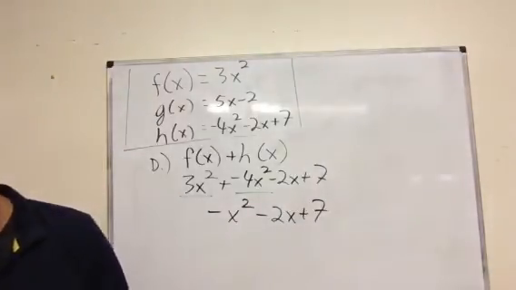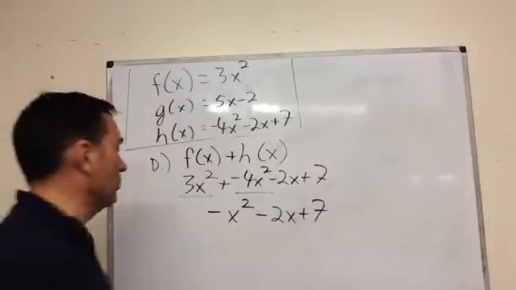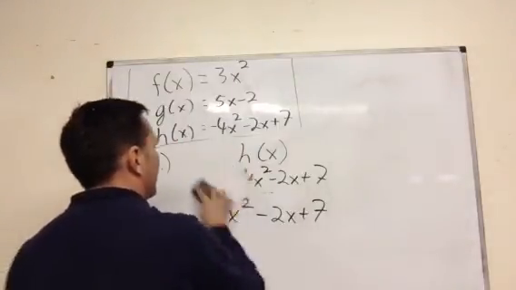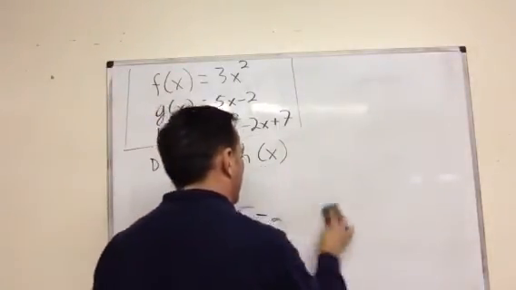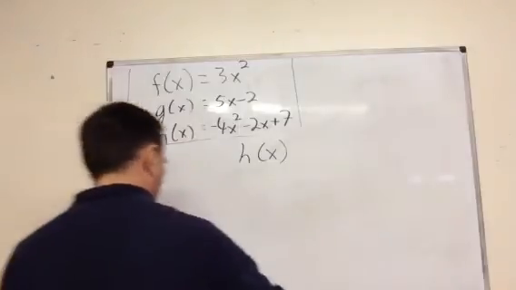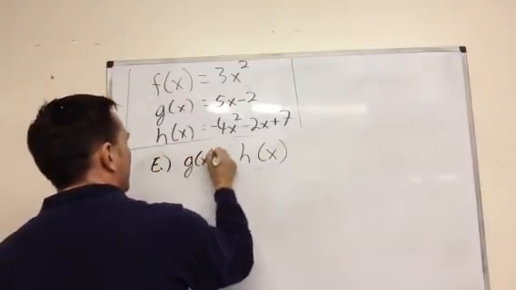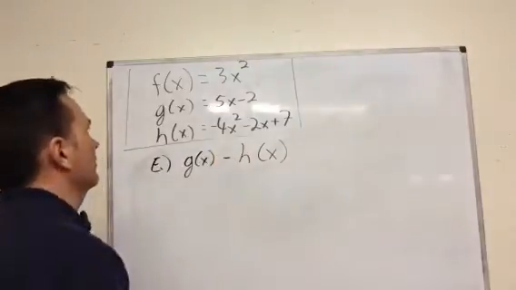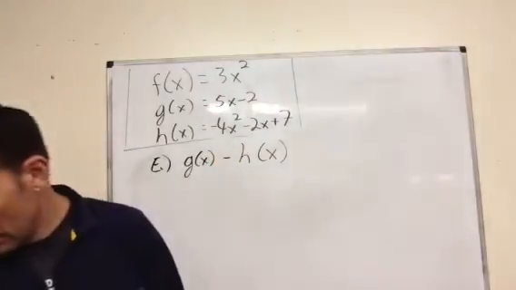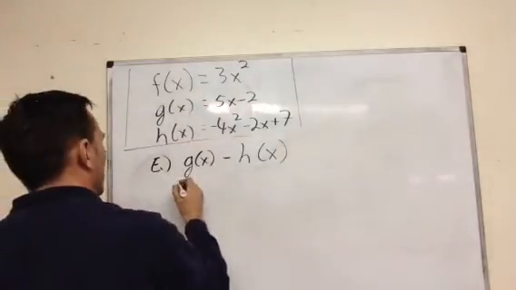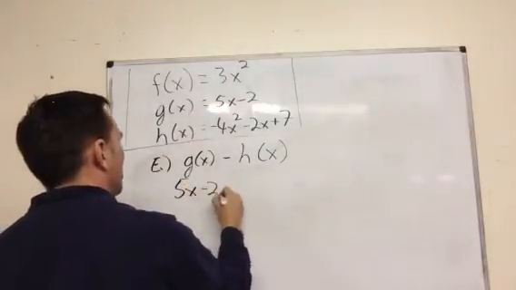Letter E, we were subtracting. Now this is where it gets a little bit confusing. We're doing g of x minus h of x. Again, I want to substitute my g of x in here: 5x minus 2.